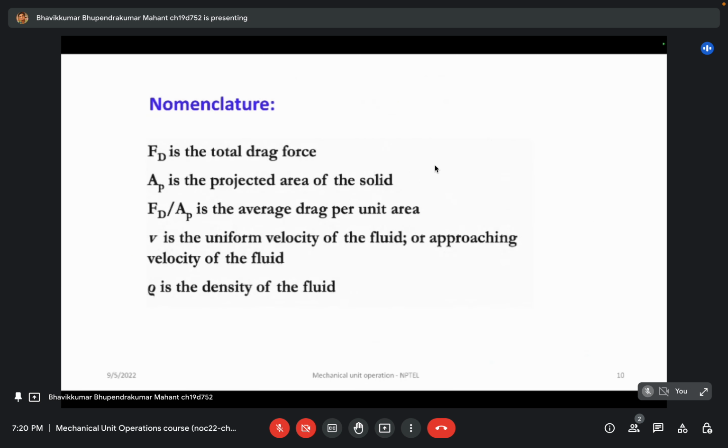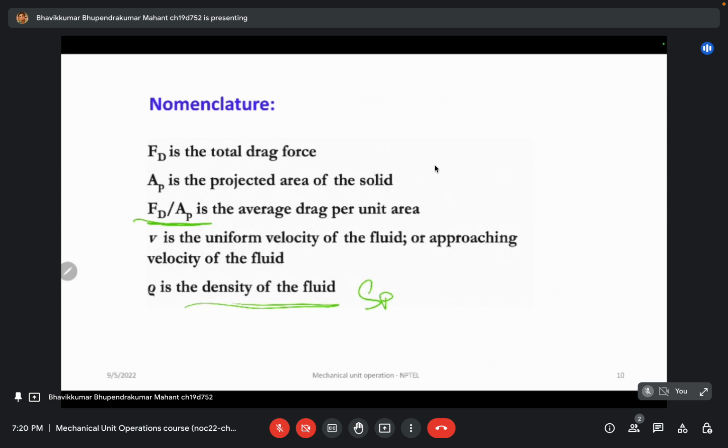So rho is the density of the fluid, not the particle, sorry. Rho p is the density of the particle, and V is the uniform velocity of the fluid, or approaching velocity of the fluid. Fd by Ap is the average drag per unit area, and Ap is the projected area of the solid.